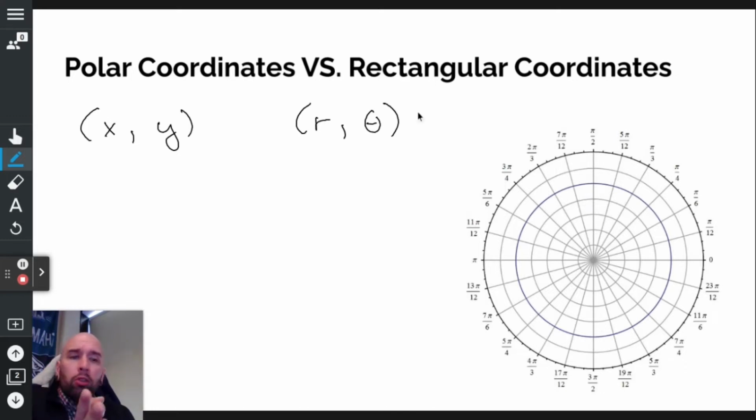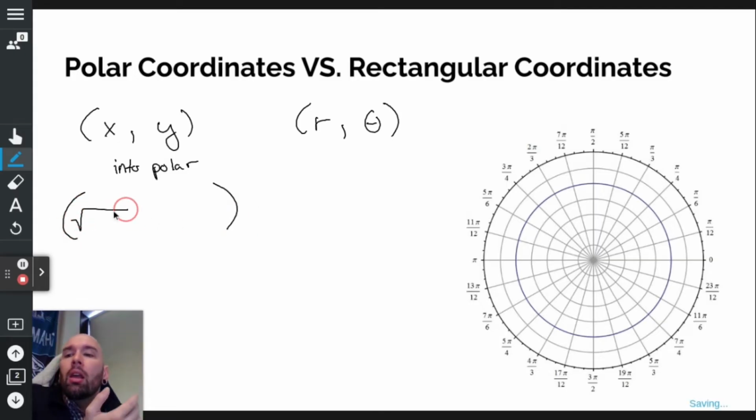If I want to turn something that is rectangular into polar, in order to turn my x, y into r, theta form, the r is going to be found by taking the square root of x squared plus y squared.